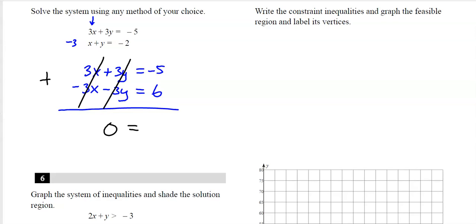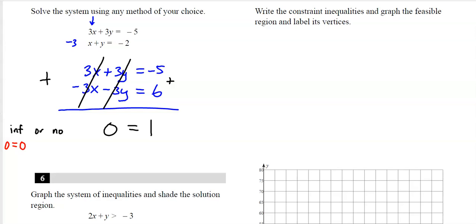Now, when this happens, one of two things is going to happen. We're either going to have infinite solutions or no solution. How you know which one it is depends on what happens on the right-hand side. Well, when I add these two together, I get 1. So this is not infinite solutions. Infinite solutions, you would get 0 equals 0.